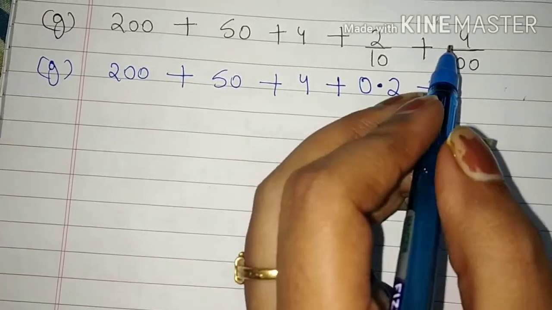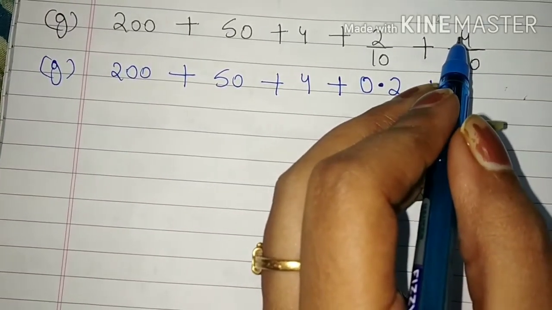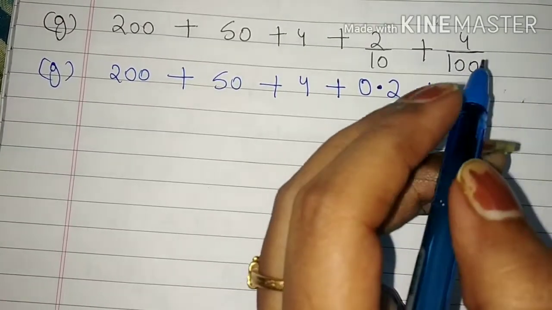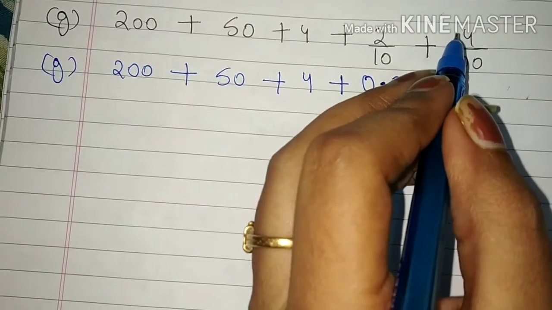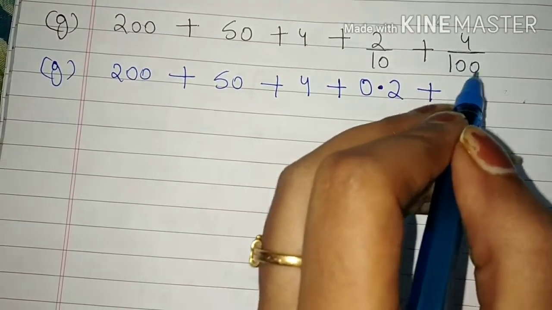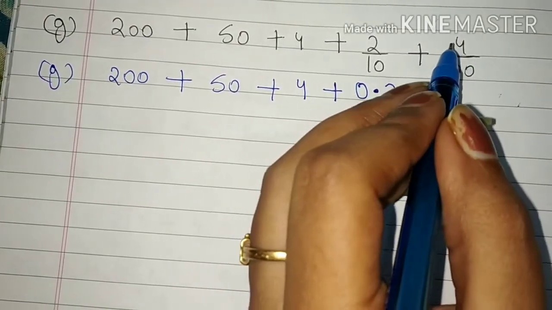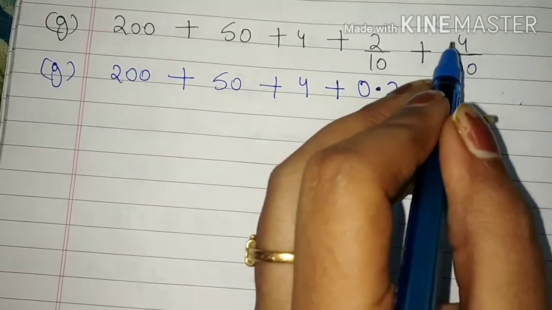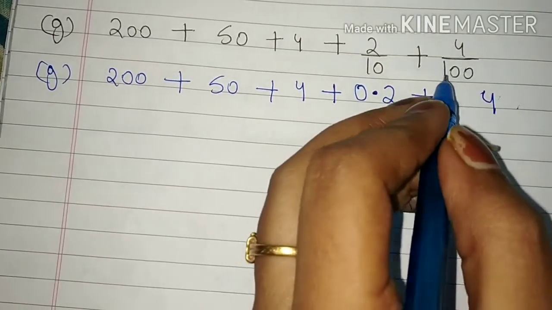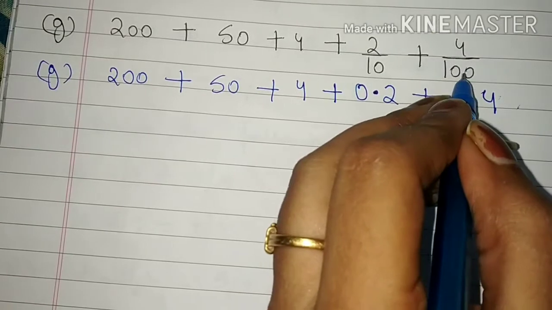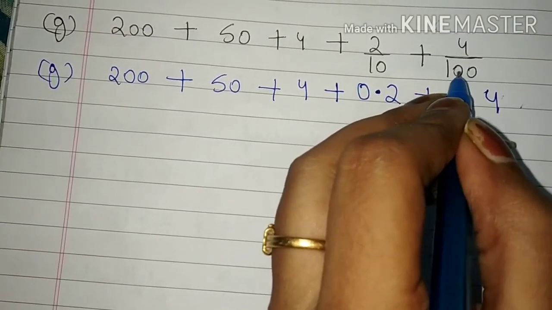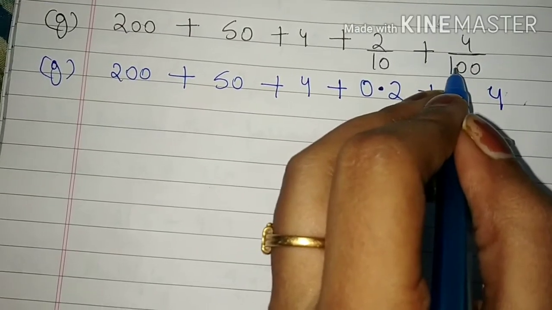Plus, again students, we will convert 4 by 100 into decimal. Students, you can see here numerator is 4 and denominator is 100. So first of all, we will write the numerator 4 here. After that, we will count the number of 0 in the denominator: 1, 2. Students, you can see here 0 is written 2 times.